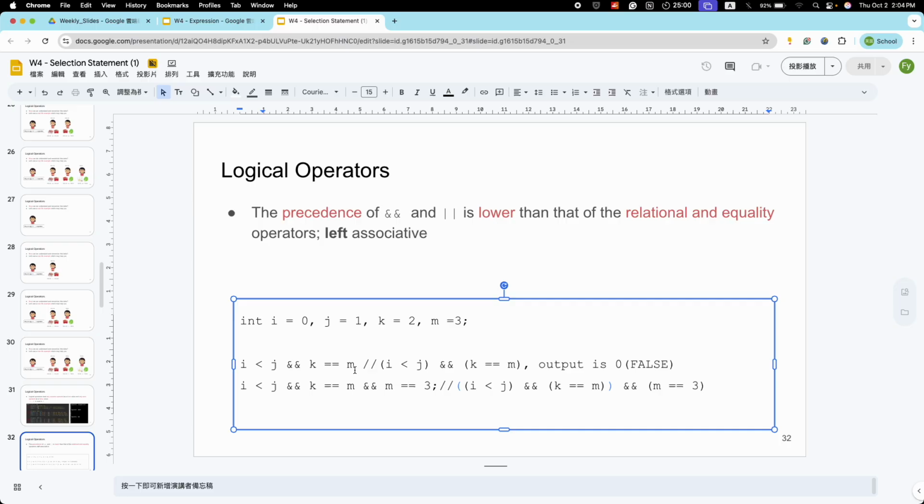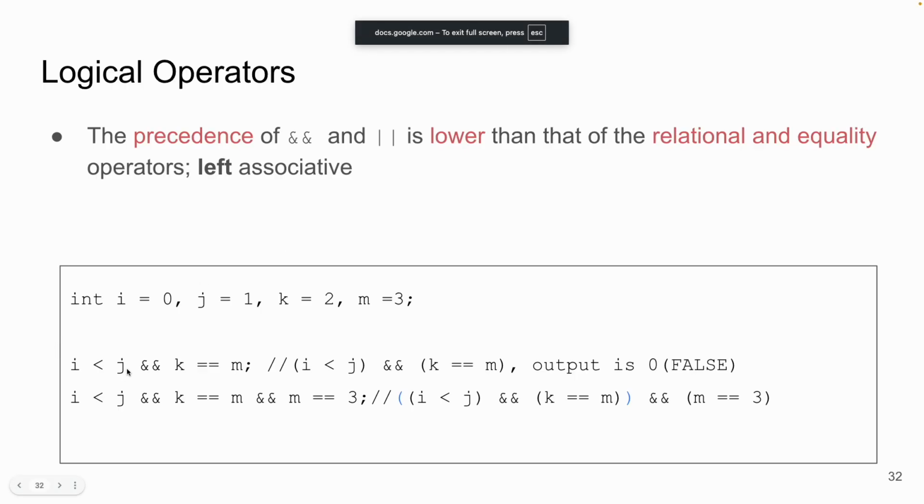I forgot to add a semicolon here again, sorry about that. So if we have a statement like this, then we know that this is a logical operator, and the precedence of logical operator is lower than relational and equality operator.